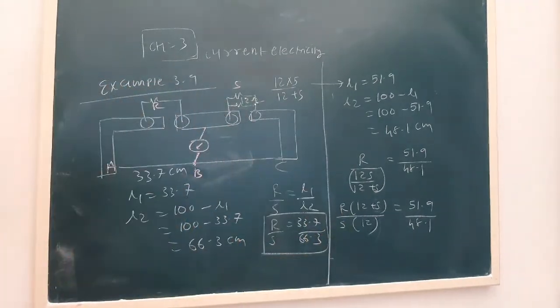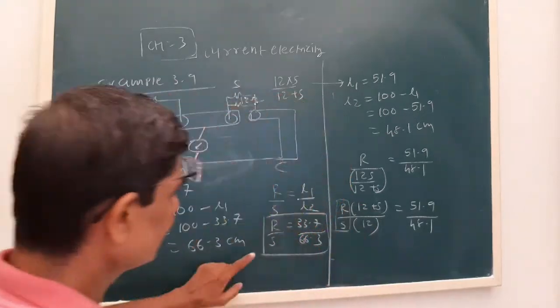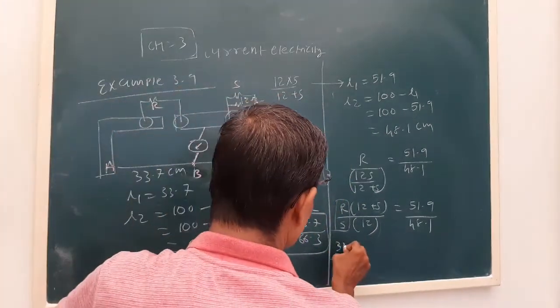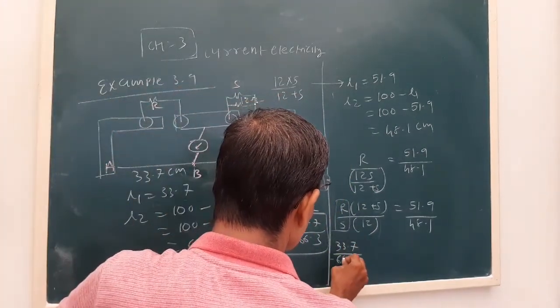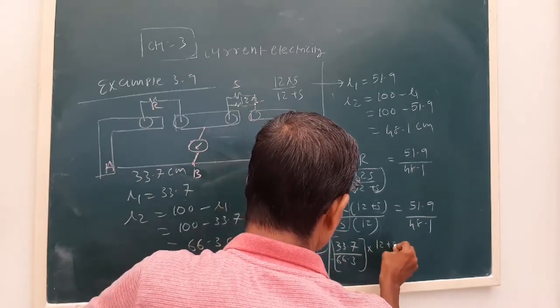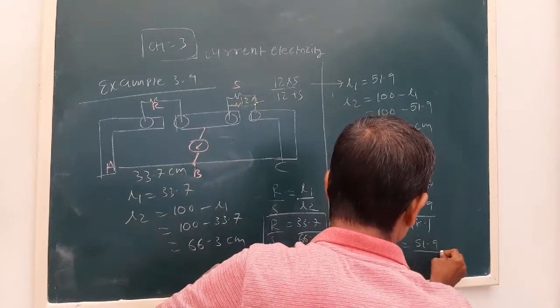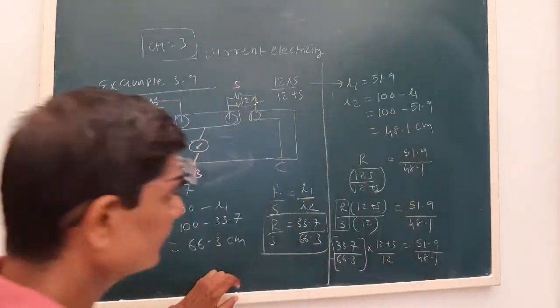Now what is the value of R upon S? We have obtained here, yes, that is 33.7 into 12 plus S upon 12 is equal to 51.9 upon 48.1.